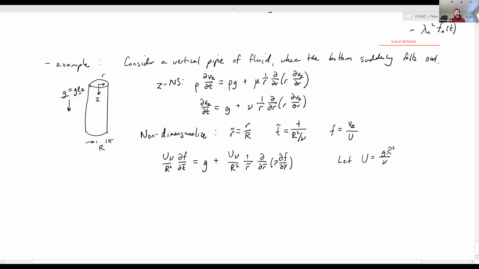Okay. So again, this doesn't really matter, but if we were to set our u here to be equal to gr squared over nu, then it just makes the math work out really well. It allows us to cancel out some things and turns our PDE into this.